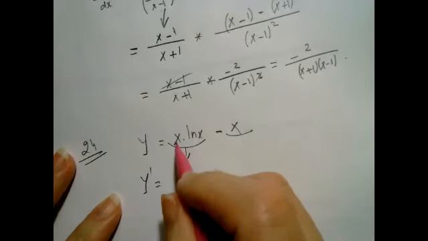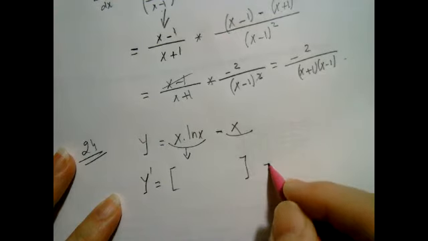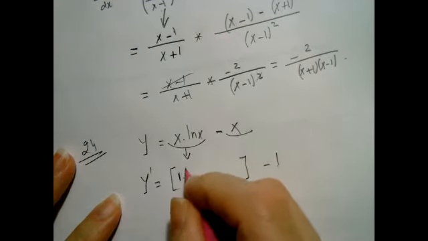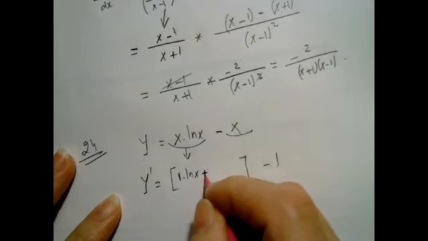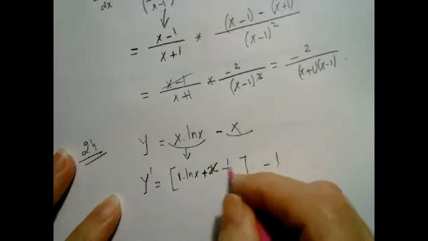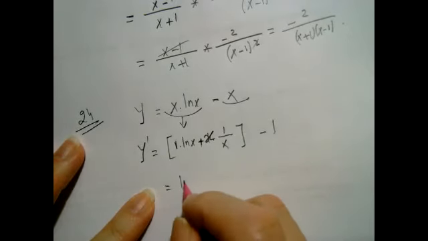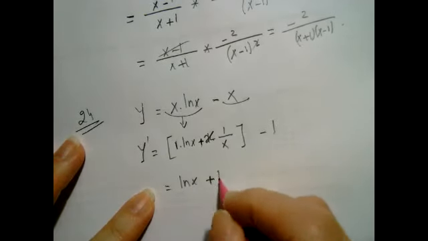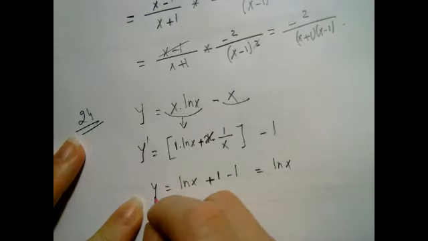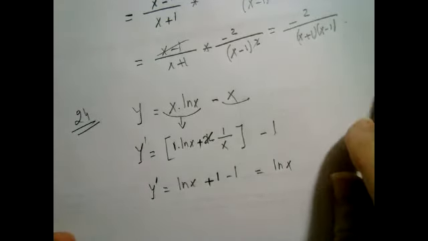This is a product, x times ln, so I have to use the product rule. The derivative of x is 1 times the ln, plus x times the derivative of ln, which is 1 over x. This leaves me with ln of x plus 1 minus 1, which is ln of x.